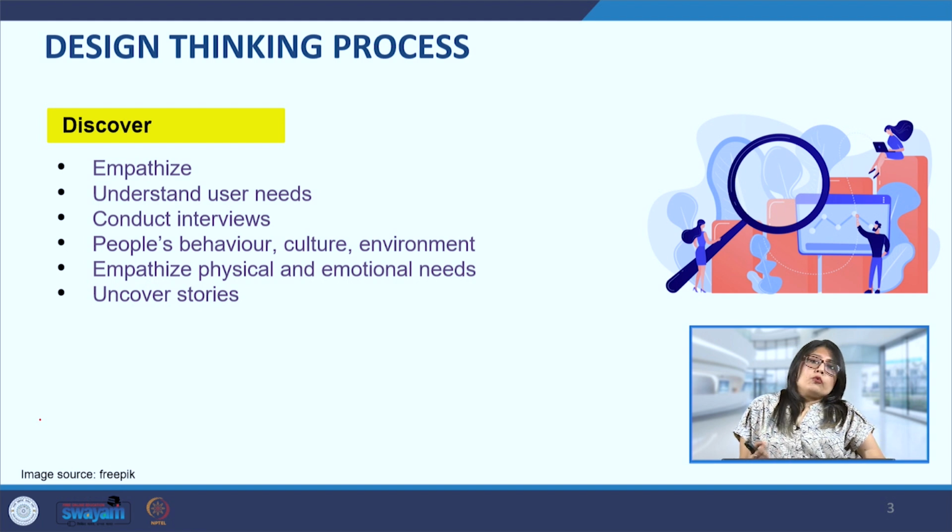Then we have to use diverse methods. There are some qualitative methods, some quantitative methods, and a combination of these two usually gives us a better understanding of the problem from a holistic point of view. So we should consider using both types of methods in this phase.